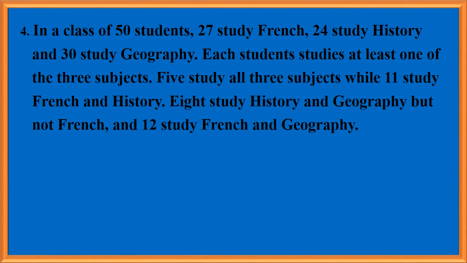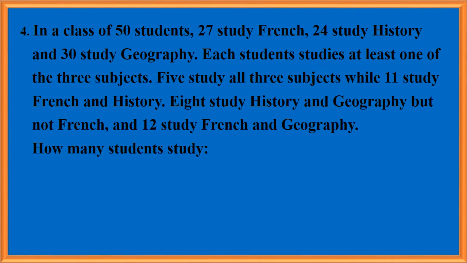Looking at the fourth example, which is here: in a class of 50 students, 27 study French, 24 study history, and 30 study geography. Each student studies at least one of the 3 subjects. 5 study all the 3 subjects, while 11 study French and history, 8 study history and geography but not French, and 12 study French and geography.